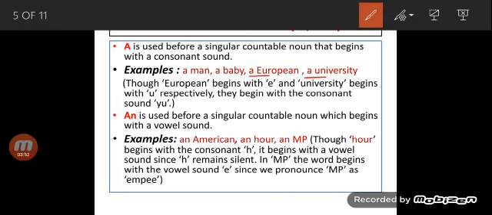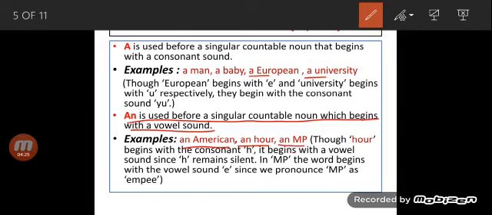Next, an is used before a singular countable noun which begins with a vowel sound. A is used before the noun which begins with consonant sound, and an is used before a singular countable noun which begins with a vowel sound. For example, an American, an hour, an MP.